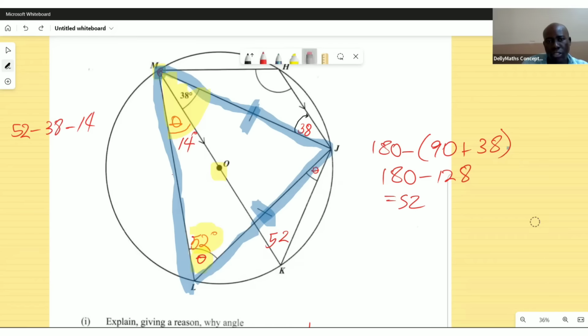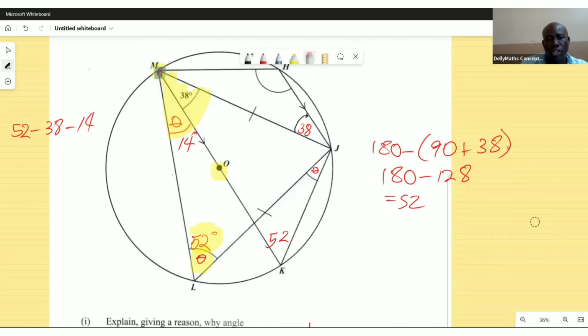So then that is 14. Remember, the moment I find this angle here, I automatically find that this is 14 as well, because they're in the same segment.